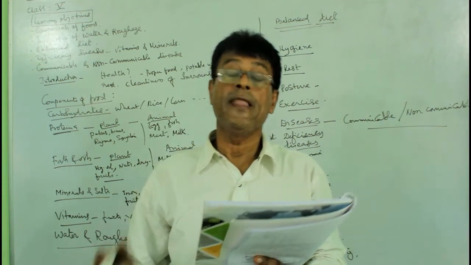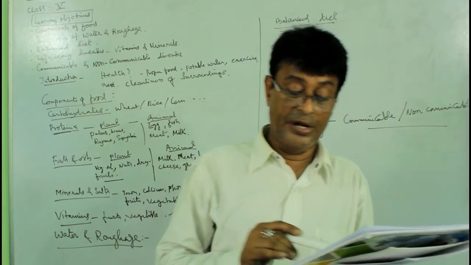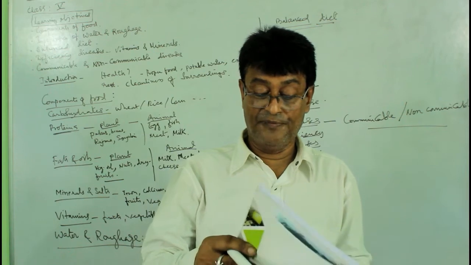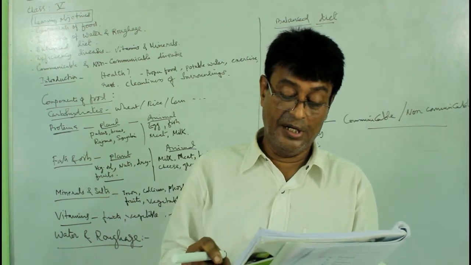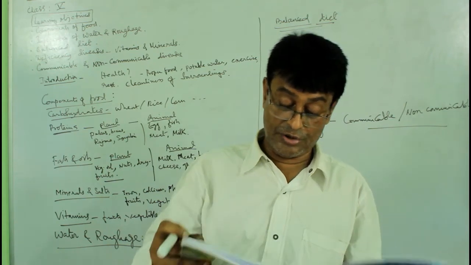Number E, jaundice is caused by contaminated food and water, which causes the build-up of bilirubin, a waste material, in the blood, and there are several other causes also.